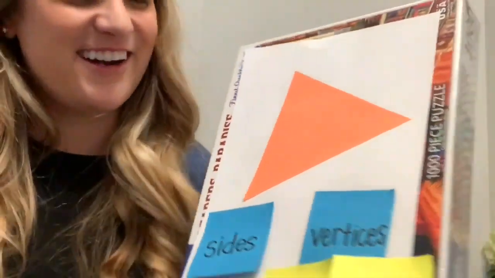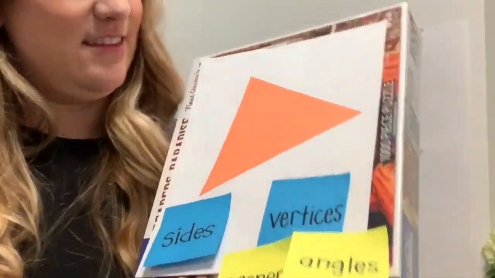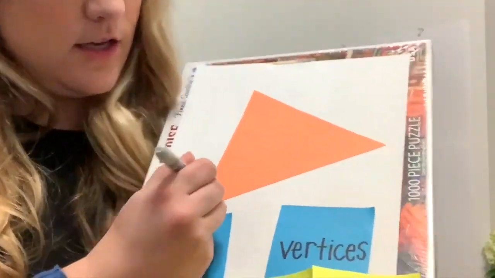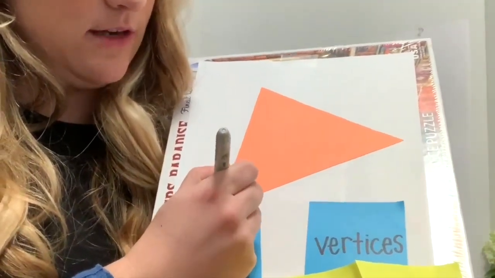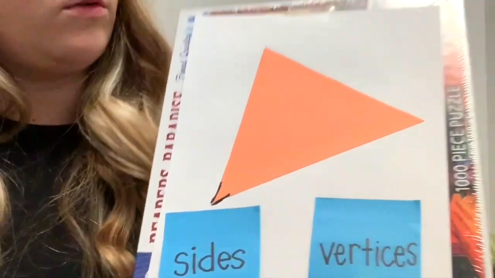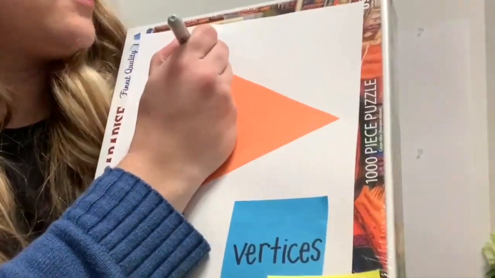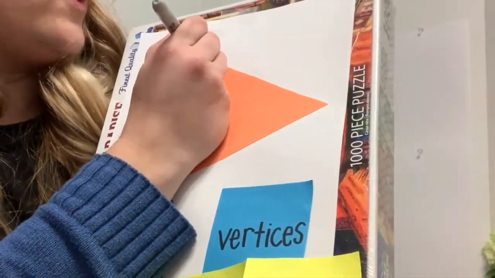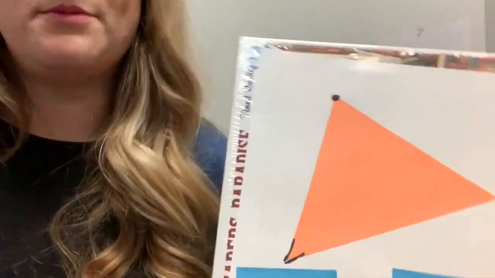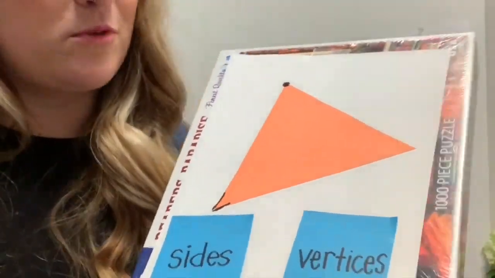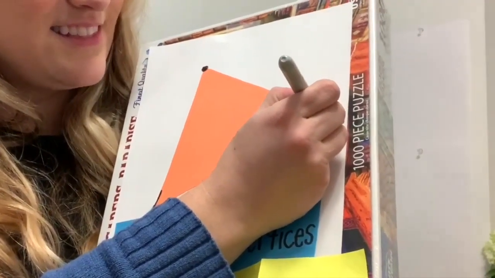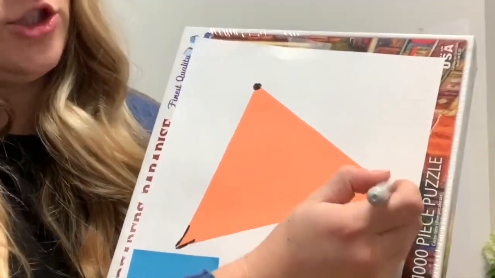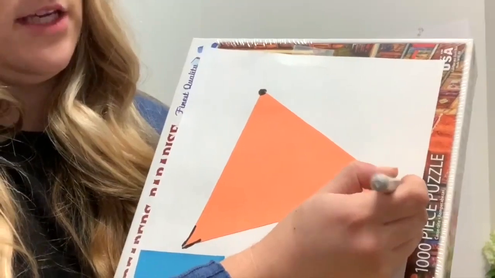Oh, my marker. Let me show you with my marker. So when we're saying the corner, it's talking about how these two sides meet there, okay? When we're talking about the vertex, it's the point where the two sides meet. And when we're talking about the angle, it's this part that's measured between where the two sides meet.